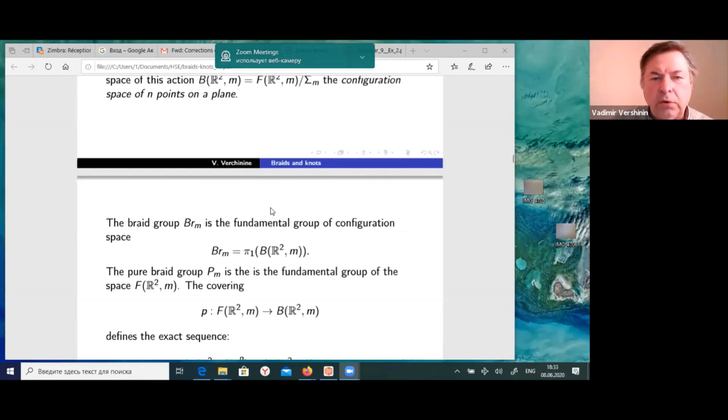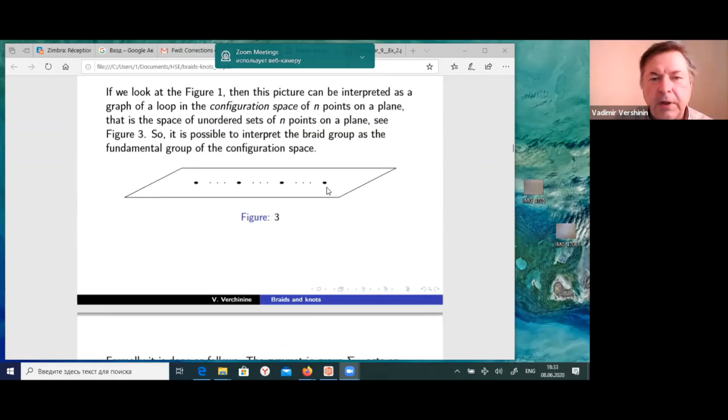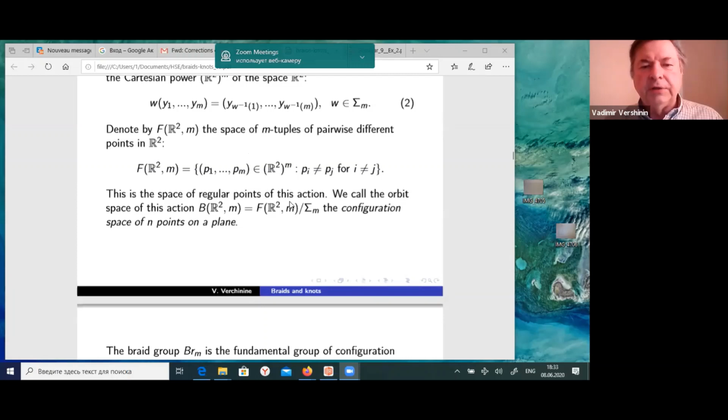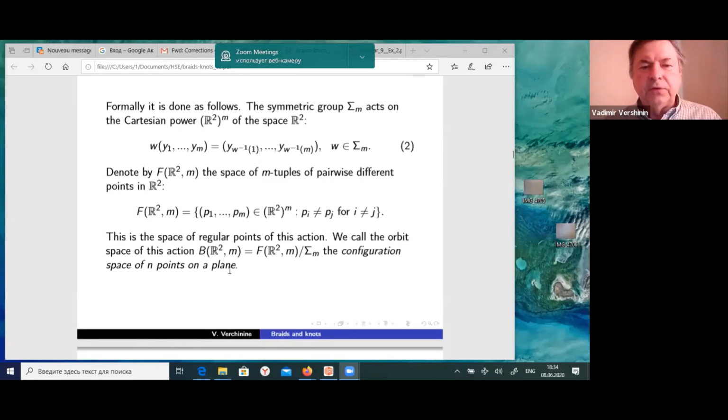But now you can make the action. So actually, what do you mean? You simply make a permutation of these points. They are all different, so every time you will get different points. So you have an orbit, and if you factorize by this orbit, you have what can really be considered as a configuration space.